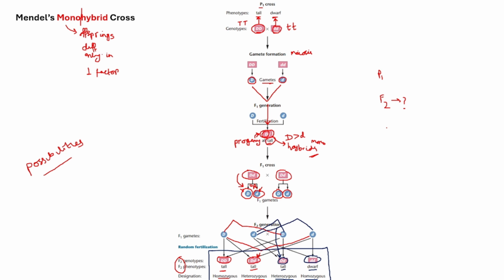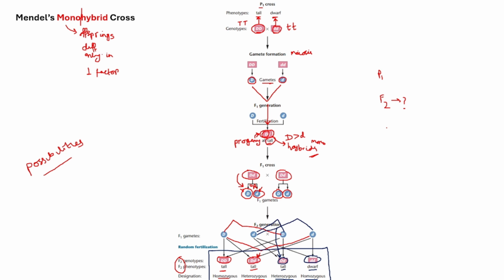So the phenotypes could differ, and accordingly the genotypes and the representation of the alleles could also differ. But the main concept is the same: when you have a parent, you have the genotypes. By meiosis, the chromosome number will get halved. Then in the F1 you will have a monohybrid progeny, and when you perform a cross between two F1 monohybrids, you will get 4 different possibilities in F2.